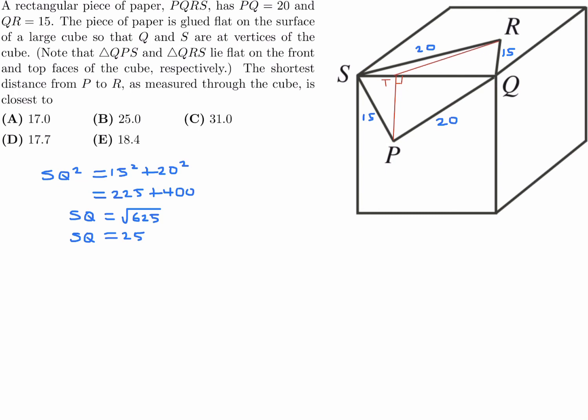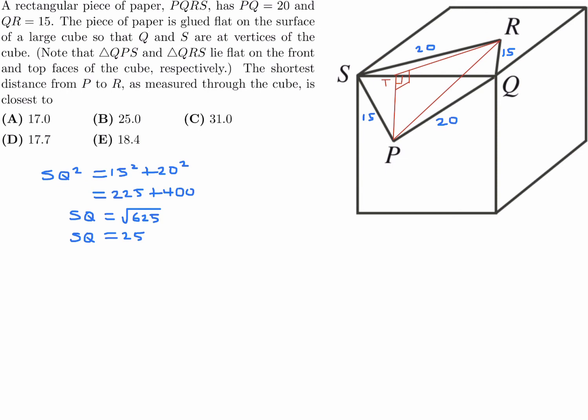Now the reason we're going to do that is because, and you have to kind of think about this in 3 dimensions, when I draw a line from P to R, which is the required length, this triangle that I just drew in red is a right triangle. Okay? So I hope you can see that.